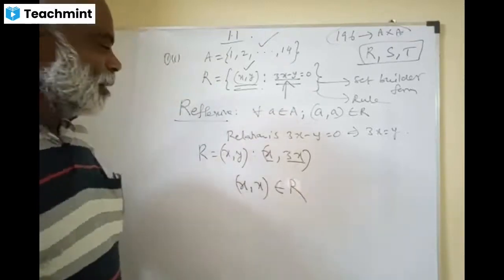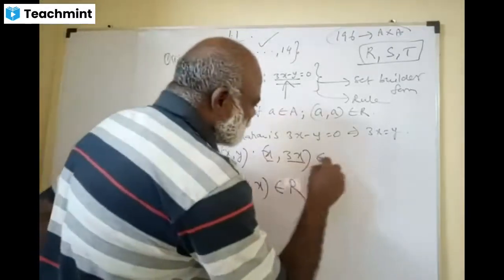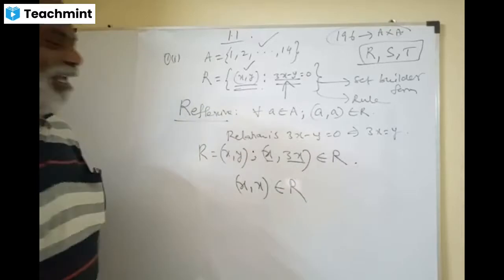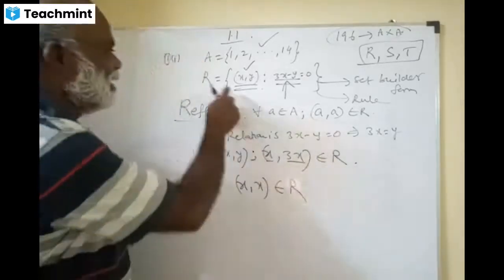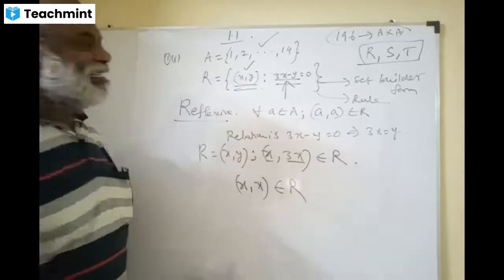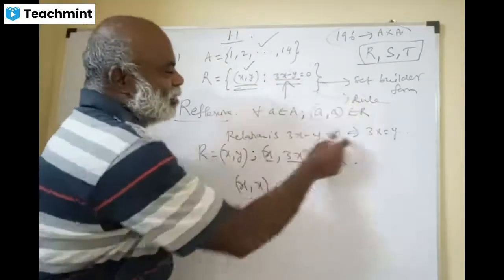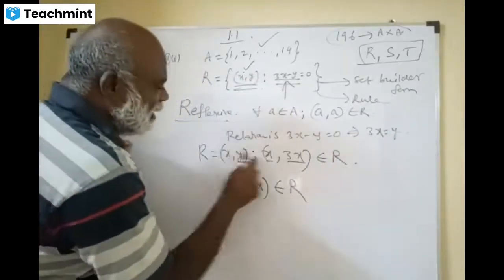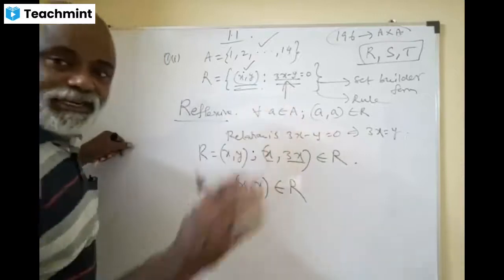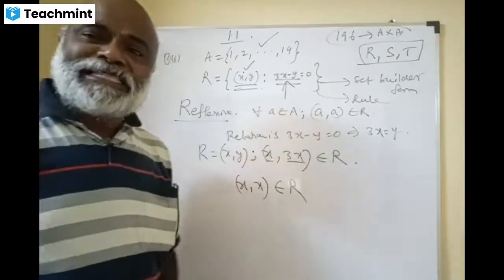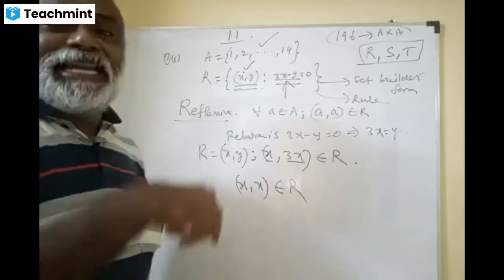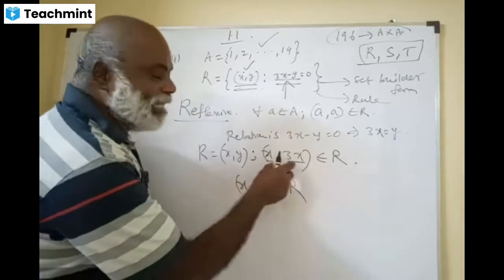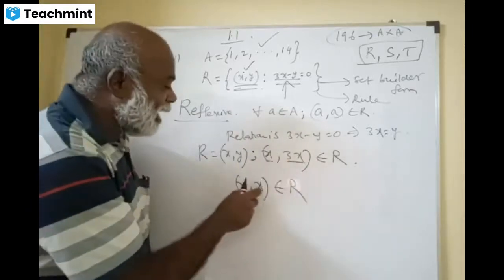No, (X, 3X) belongs to R. R is (X, Y) such that Y equals 3X. So (X, 3X) belongs to R. But when I talk about the reflexive, the elements must be identical, and if the elements are identical, the rule is not obeyed.